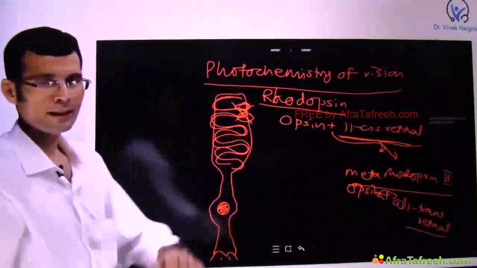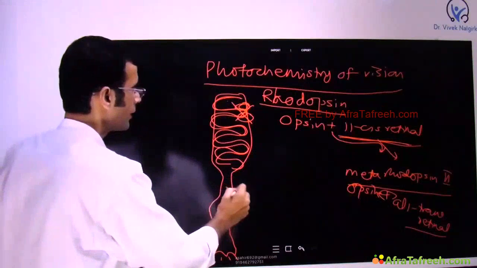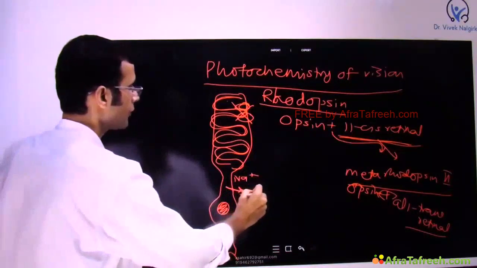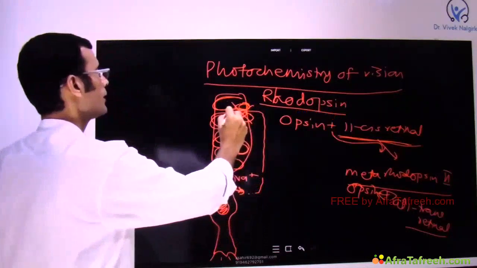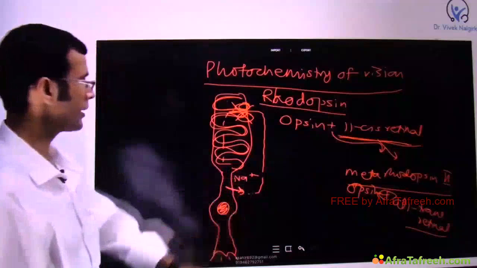You see, normally in the darkness there is a sodium current or sodium cycle. Sodium is pumped out from the inner segment and it will go in from the outer segment through the channel. This is going on in the dark.